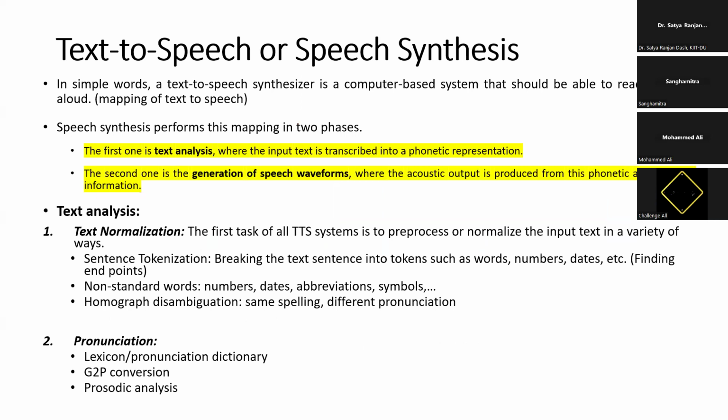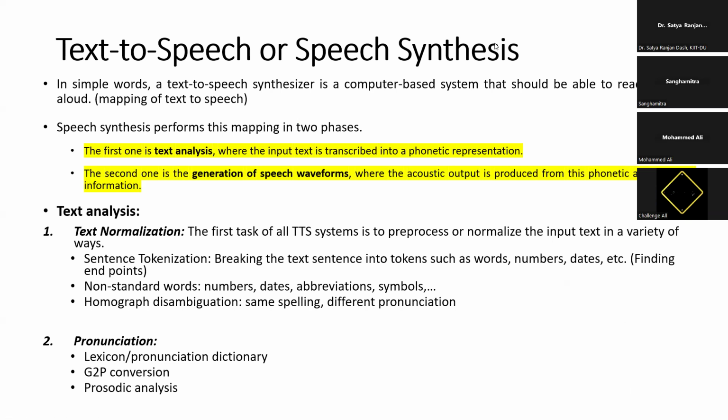So finally, we move on to the last module of the speech-to-speech translation system, that is the text to speech or the speech synthesis module. Speech synthesis, or generating artificial speech from the text provided as input, is performed in two main phases. The first phase is text analysis, which consists of text normalization and pronunciation analysis.